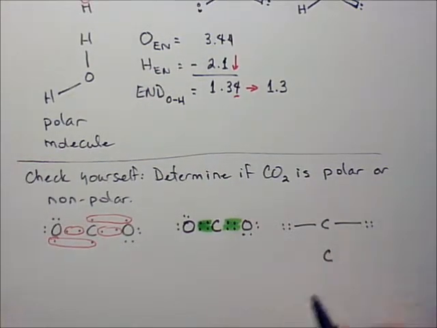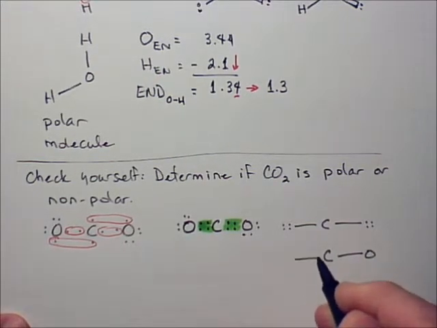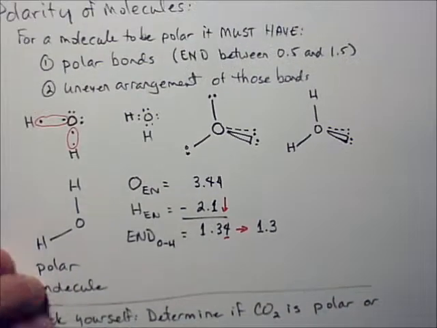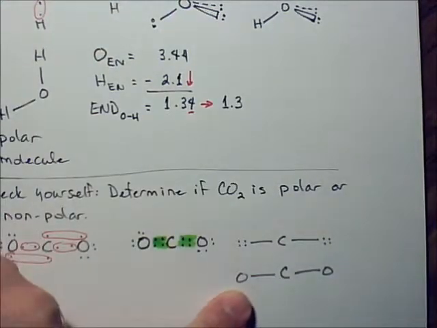And if I then plug atoms on that structure where I've got sets of electrons, it's a line, O C O. Does that look like an even arrangement or an uneven arrangement? Even. Since I have to meet both criteria, and I haven't met this one, nonpolar.